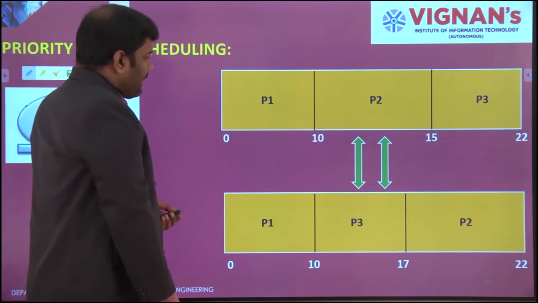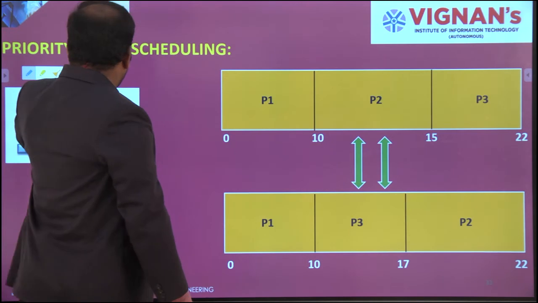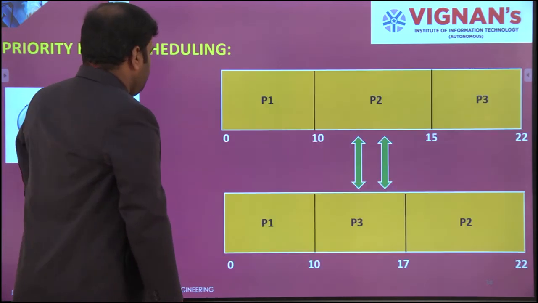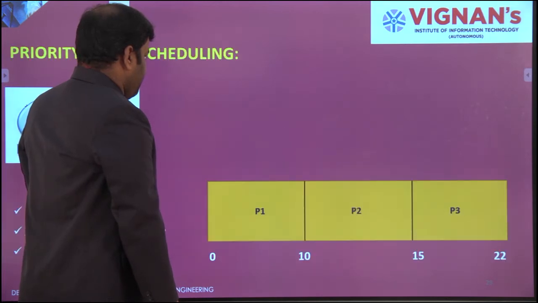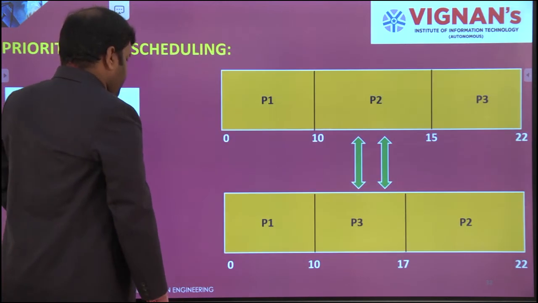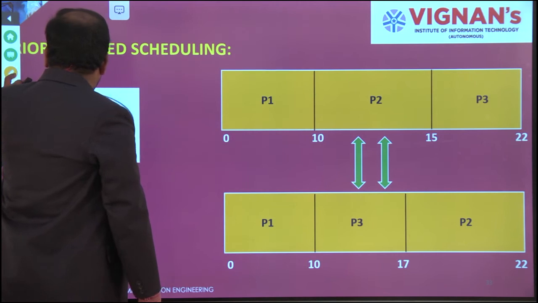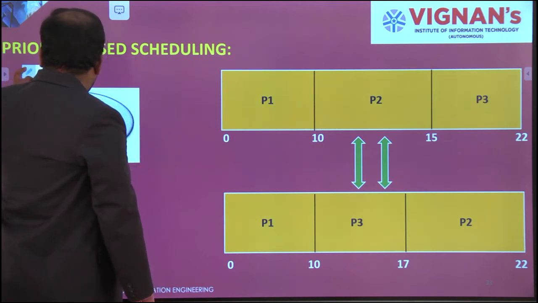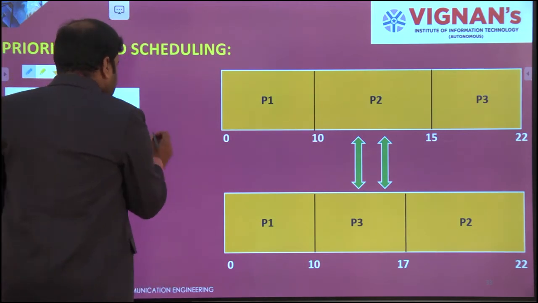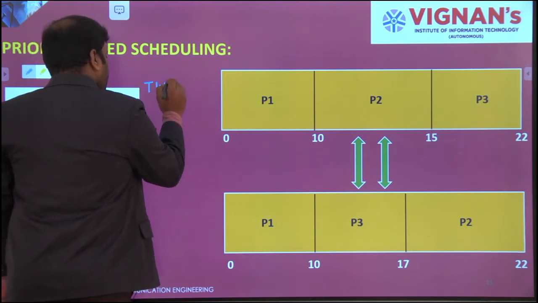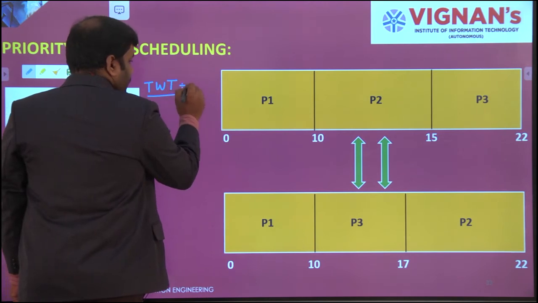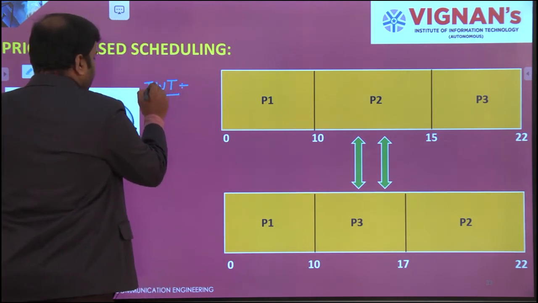So the same way, I need to calculate now. First one, average waiting time, AWT.